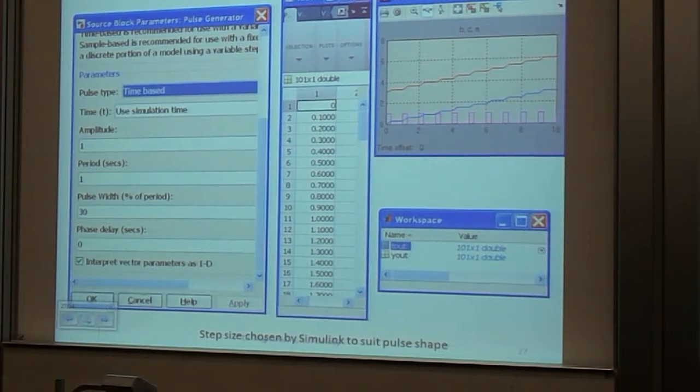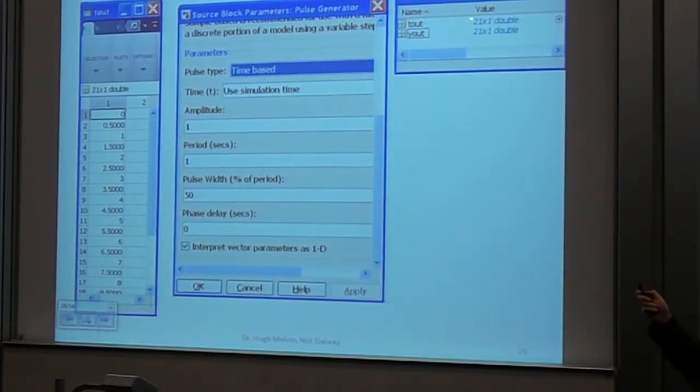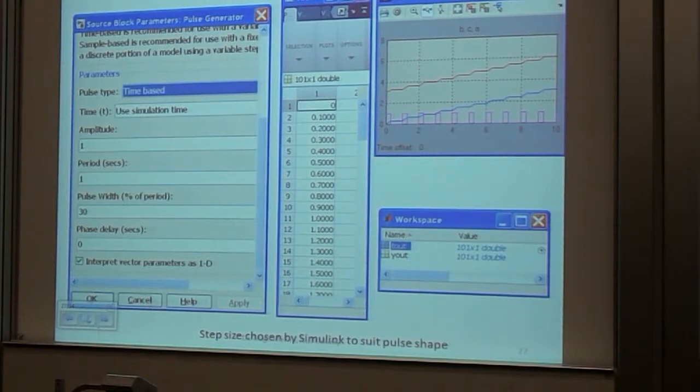I'm running from 0 to 10. I hit run. Look at the output vector this time. We've gone from T out being 21 by 1 to T out being 101 by 1. So what's the step size? 0.1.